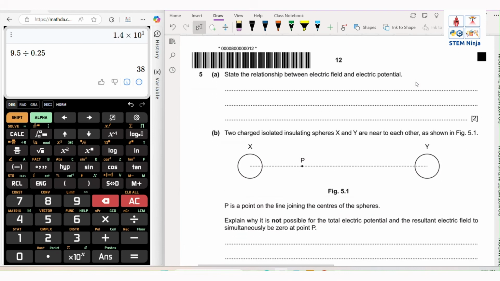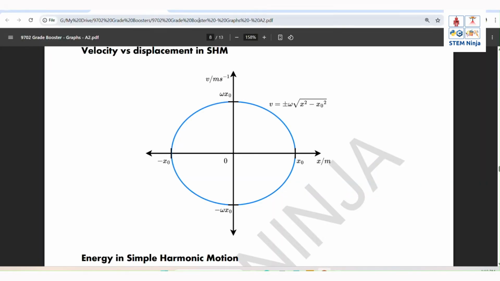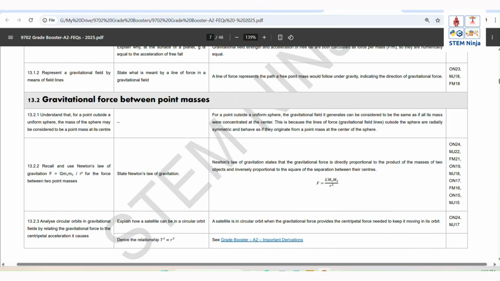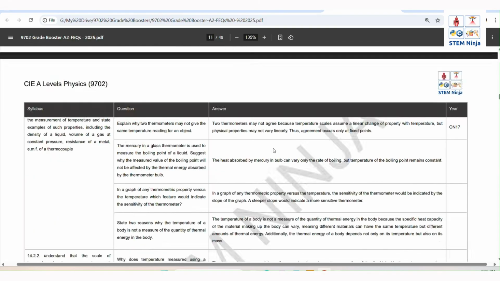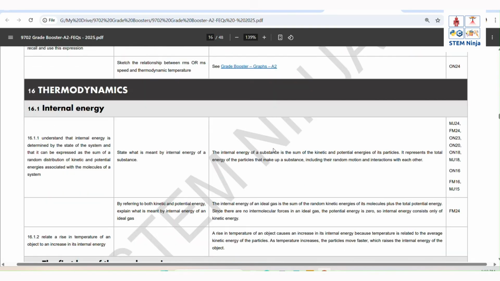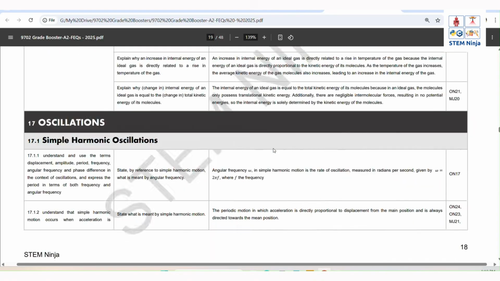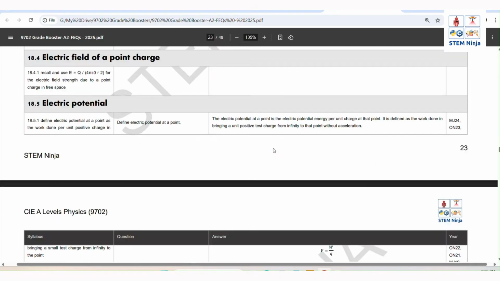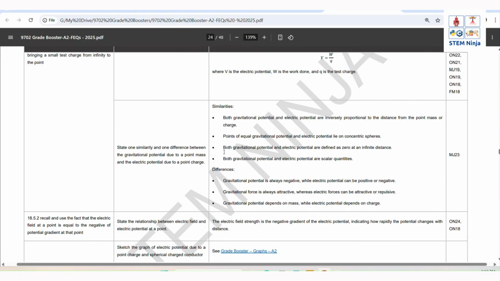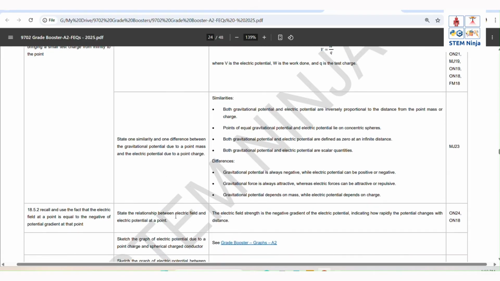State the relationship between electric field and electric potential. Basically, the electric field is the negative of the potential gradient. So the relationship between electric field and electric potential is the negative gradient of electric potential.